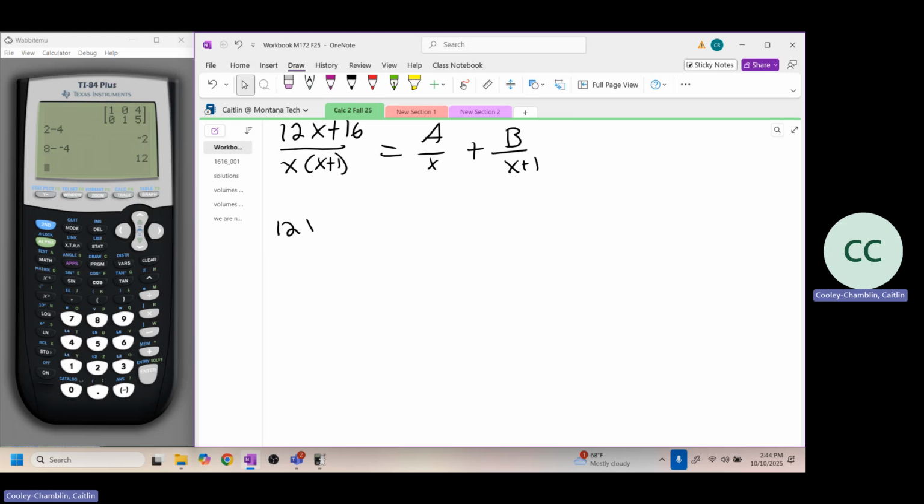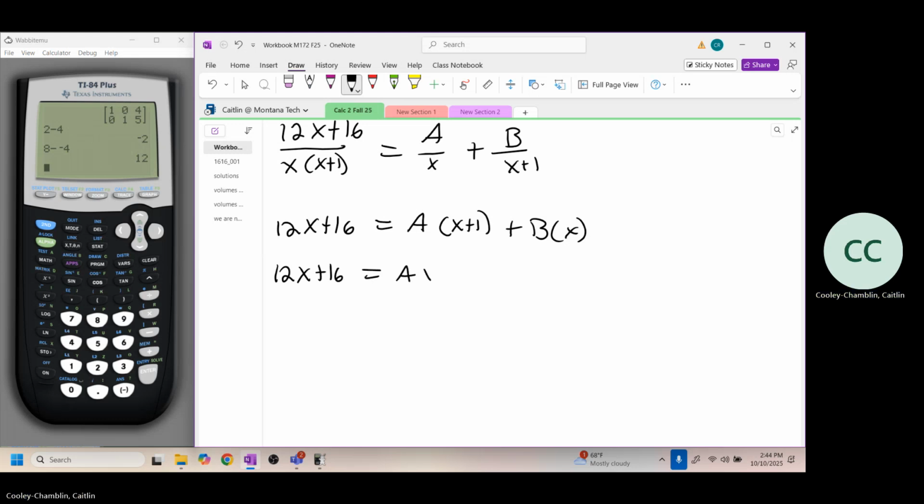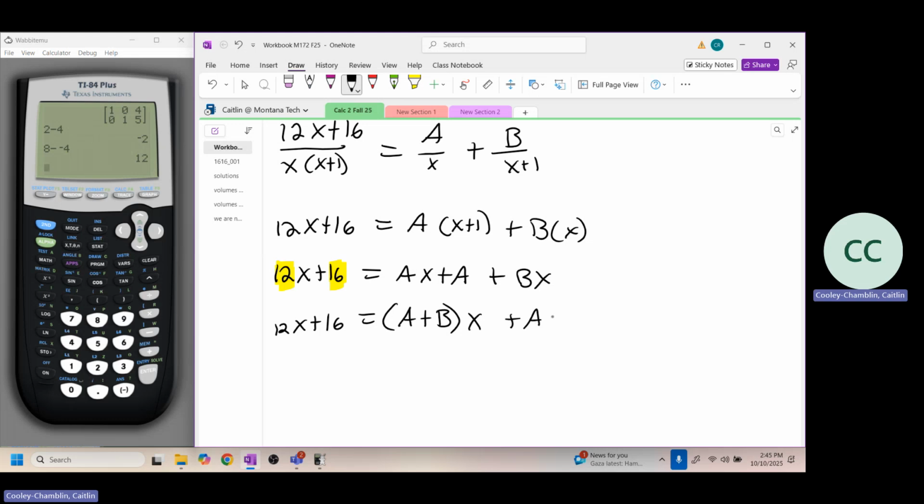So I have 12x plus 16 equals a times x plus 1 plus b times x, and I get 12x plus 16 equals ax plus a plus bx. And now I want it to look like something in front of an x plus something without any x's in it. So we get 12x plus 16 equals a plus b x plus a.